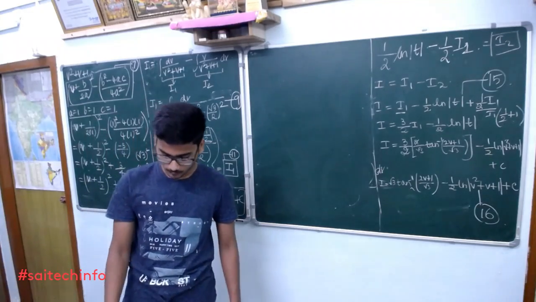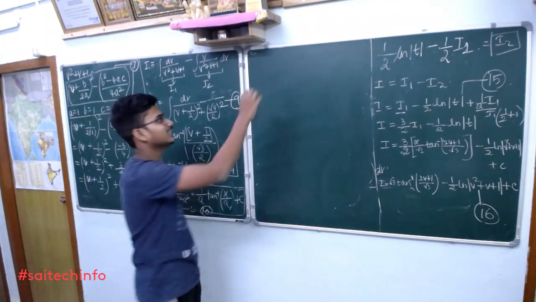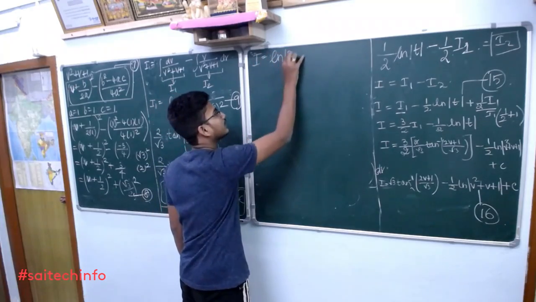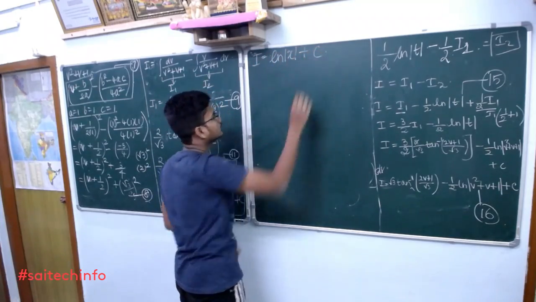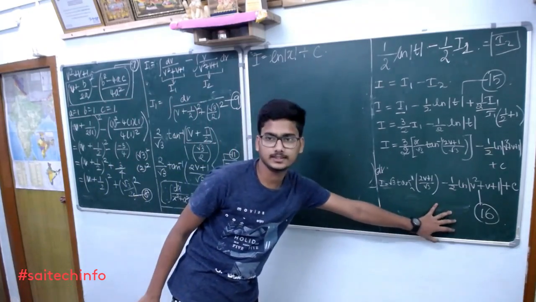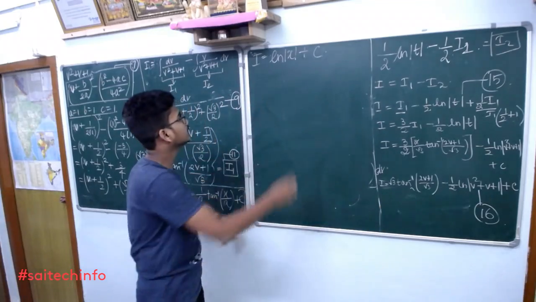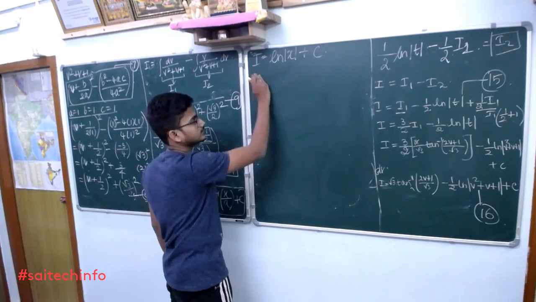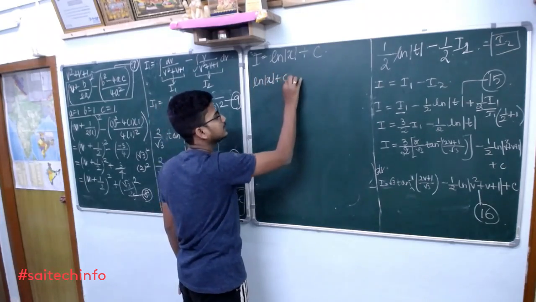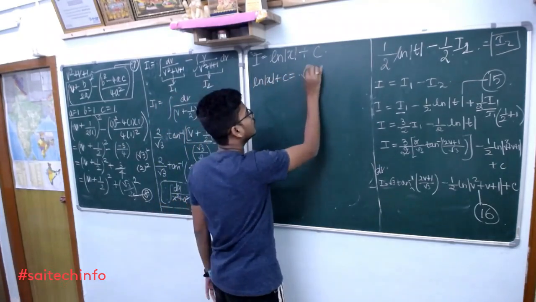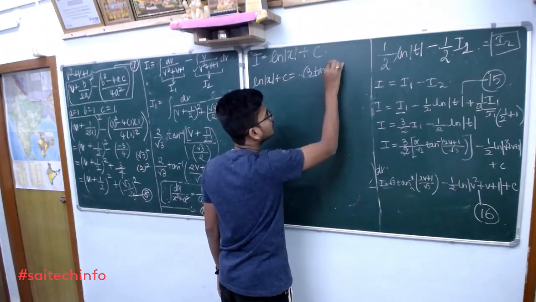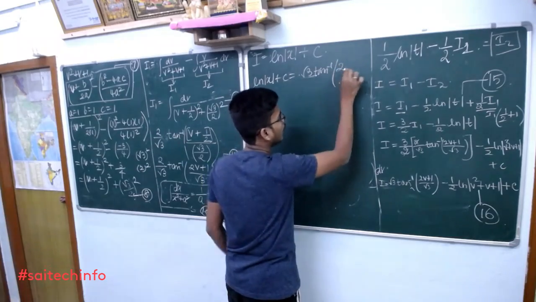Now going back to the initial equation, I is equal to natural log of x plus c. So what is our I? Our I is root 3 tan inverse, that is equation 16. So substituting I over here, natural log of x plus c is equal to root 3 into tan inverse of (2v plus 1) divided by root 3.